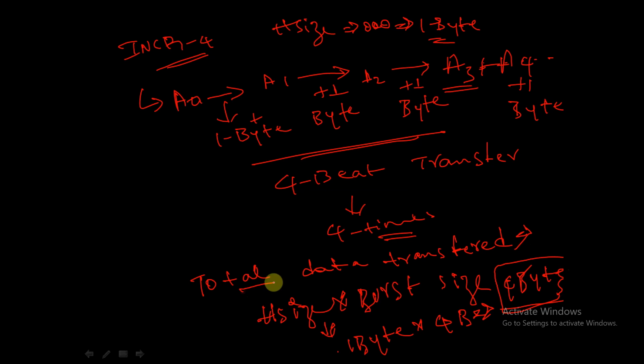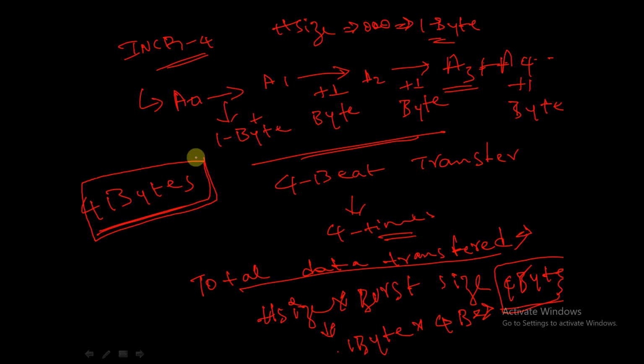So the total data transferred during this burst is 4 bytes. So this is how we calculate the total data transferred during the burst, that is hsize into burst size, which is equal to 4 bytes.